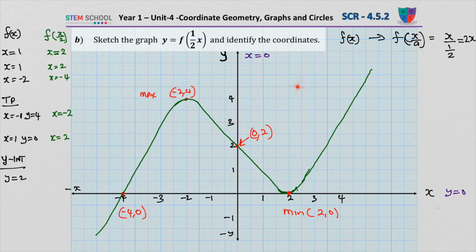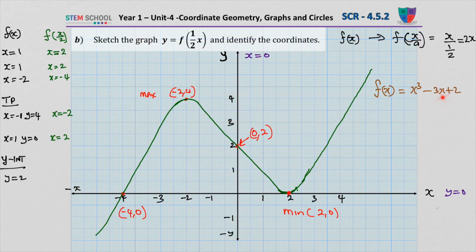You may be asked to write the equation of f of x over 2. Remember, f of x is x cubed minus 3x plus 2 when we expanded the f of x. That's what we got earlier. Now what we're going to do is replace all the x by x over 2.